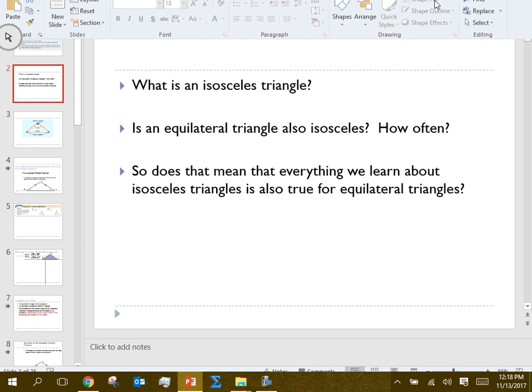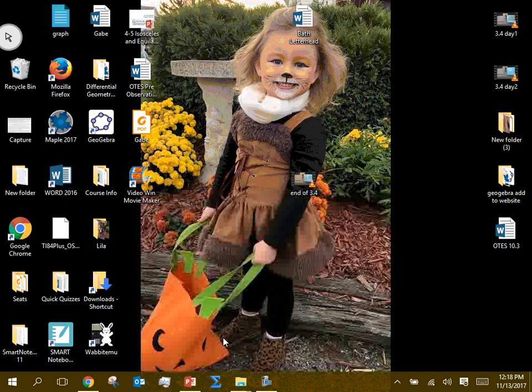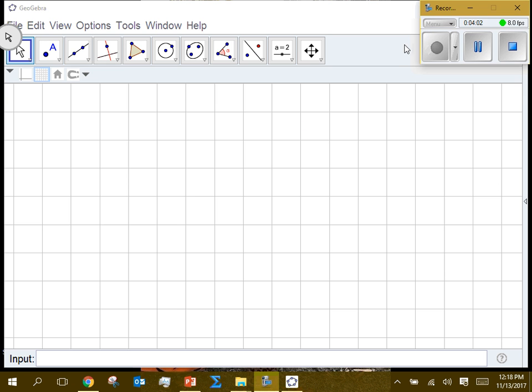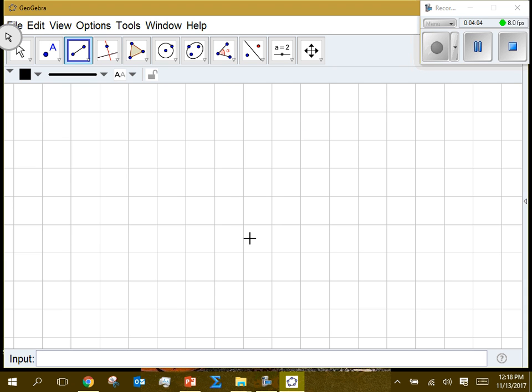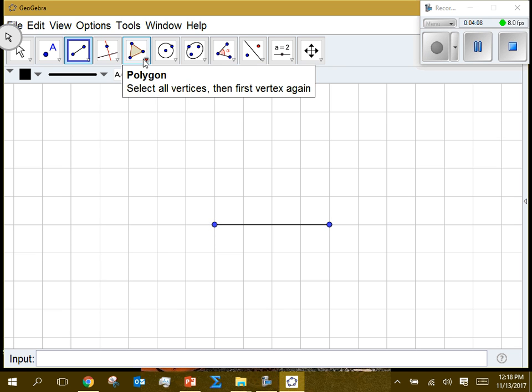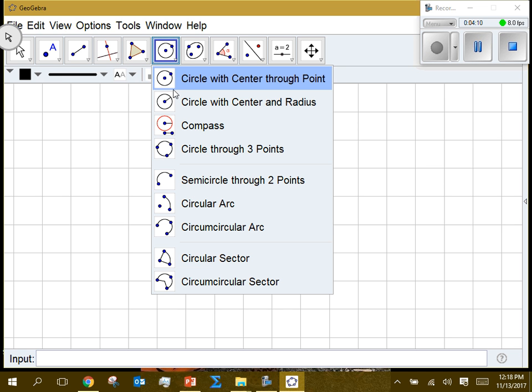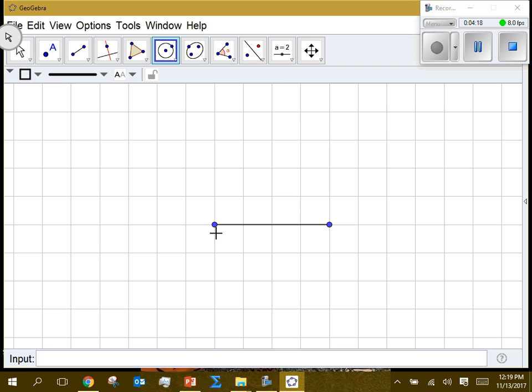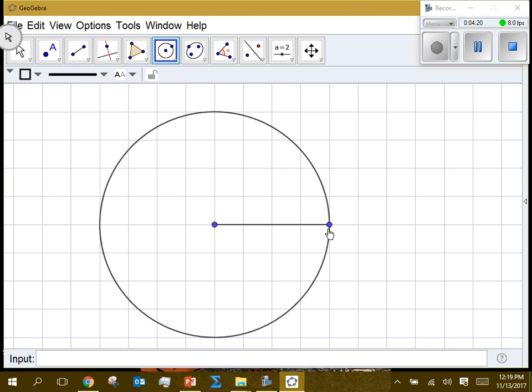Let me draw an equilateral triangle here real quick. If I start with a segment like that, I'm going to create an equilateral. It's called a construction. We're going to create it through the use of circles. That circle has that segment as the radius, right?